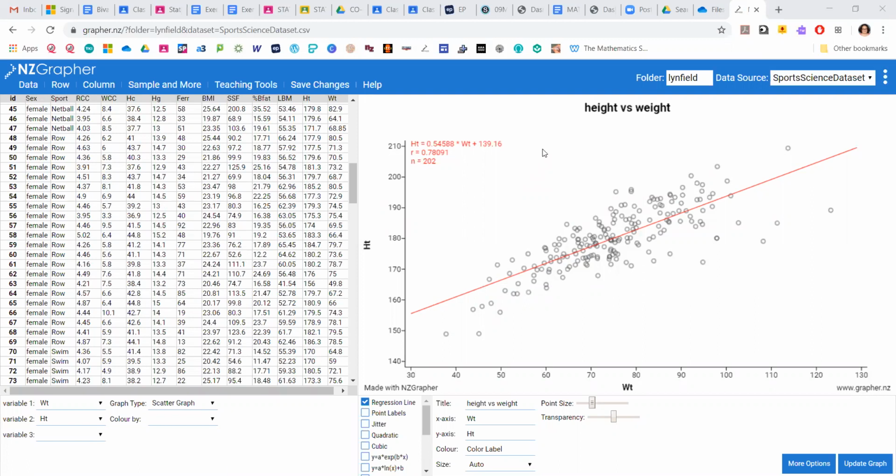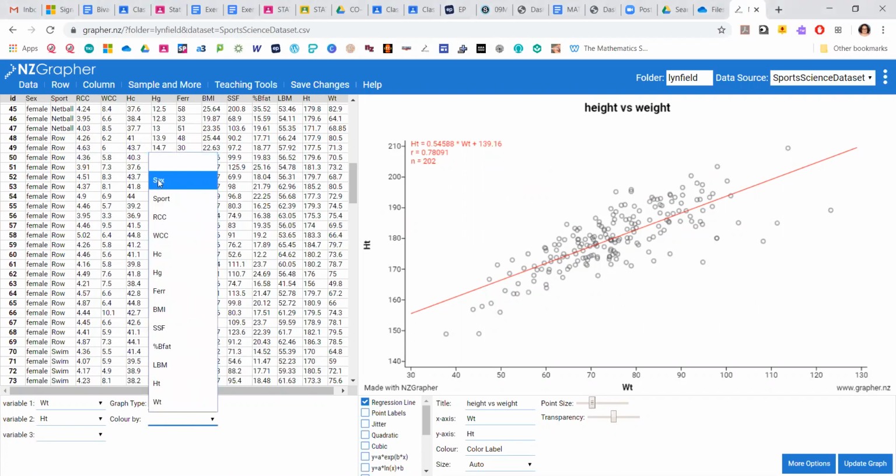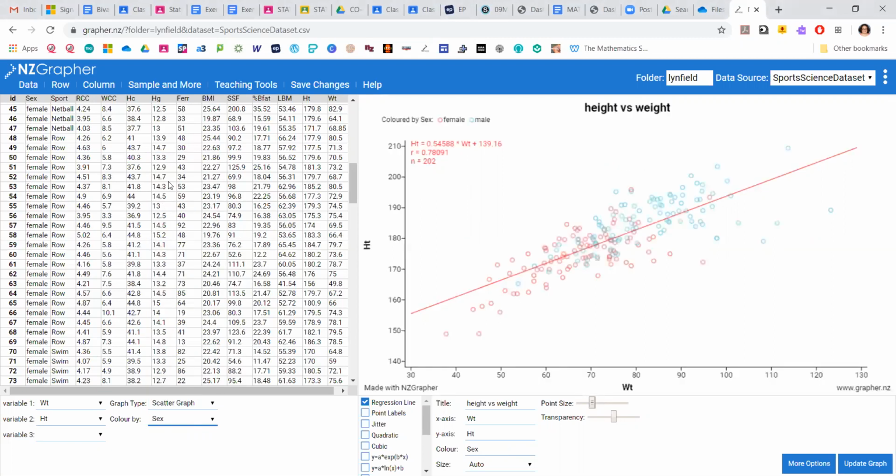And by splitting the graph, I mean you want to now look at it in terms of a third variable. So you might look and say, okay, well, the height and the weight, that's all really interesting, but I want to see if anything else comes into play here. So maybe if I colored it by the different sexes of the athletes, are there any patterns?